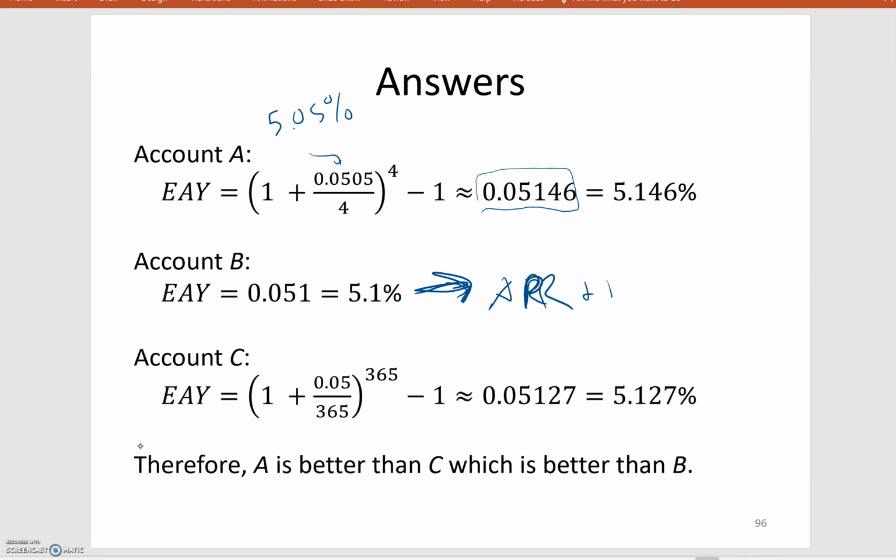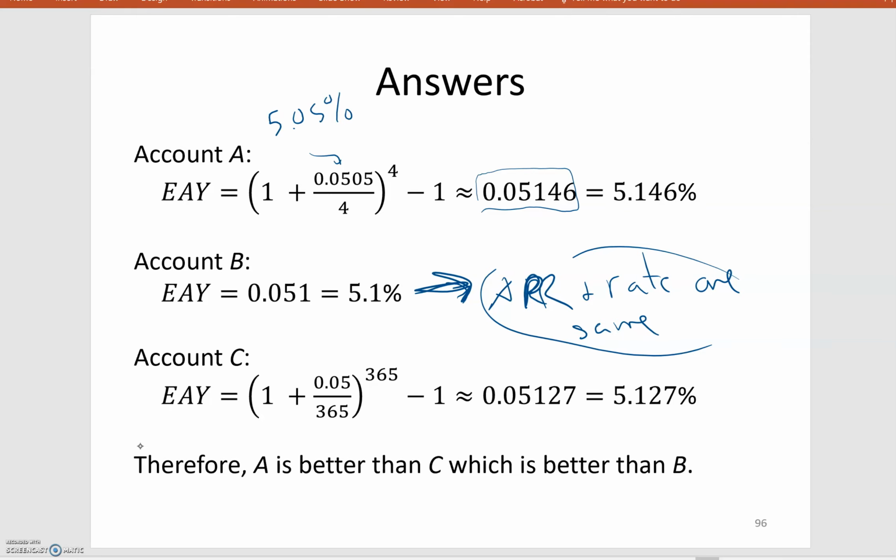APR and rate are the same in this situation. So there's really nothing to do. And then for the account C, that's 365 because it's daily. And so there you see that computation.